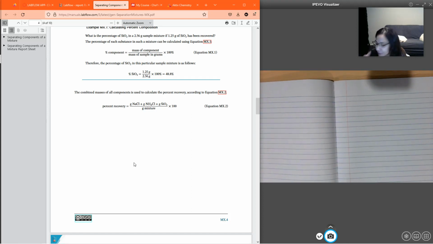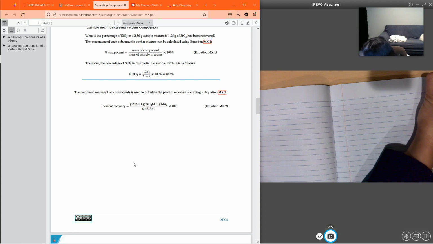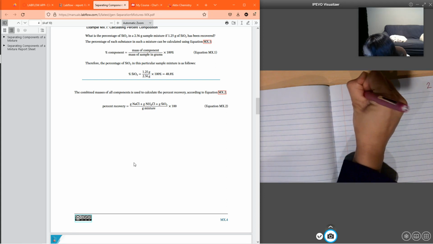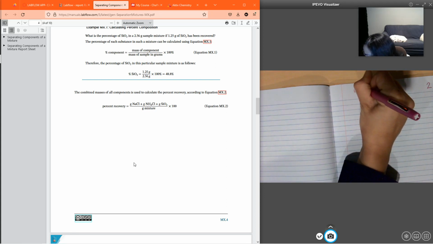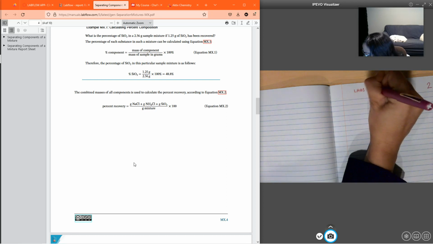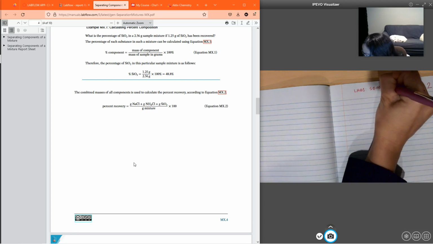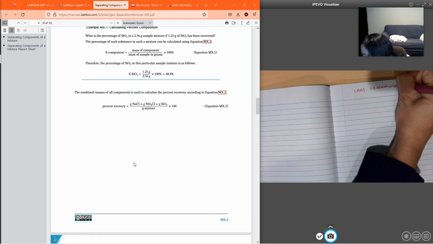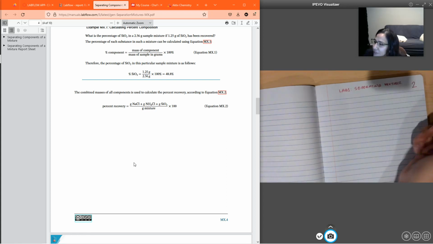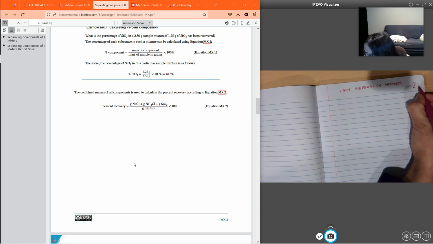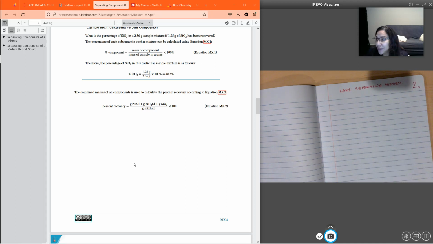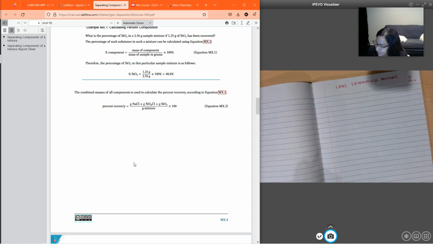Right. The next equation that you have, this is number two, lab one, separating mixtures. And you know what? Sometimes you want to put down this 2B, 2A on this one to help you get more organized.